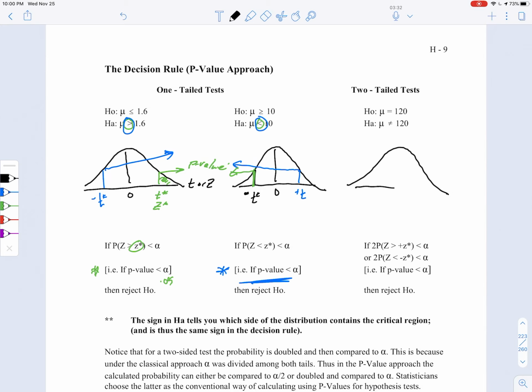Now, in a two-tailed test, either a very high or a very low t star value or z star value would cause us to reject H0. So suppose you end up with a t star here.